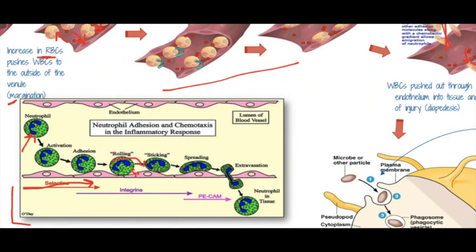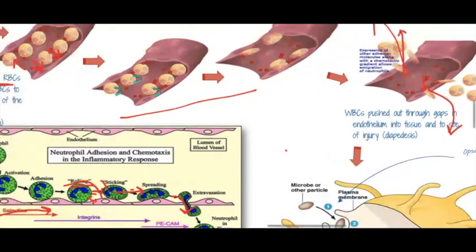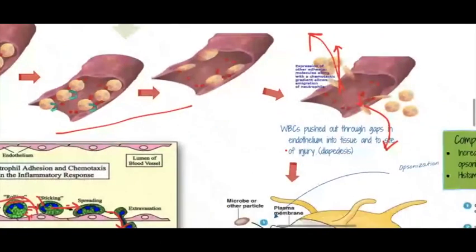This white blood cell rolls, and it keeps rolling and sticking and rolling and sticking, and then it kind of flattens out a little bit, and that's how it finds its way through that gap in the endothelial layer that we talked about earlier. I feel like the selectins and integrins and that rolling and margination is really the most confusing part. So if you can get a handle on that, you're doing really well.